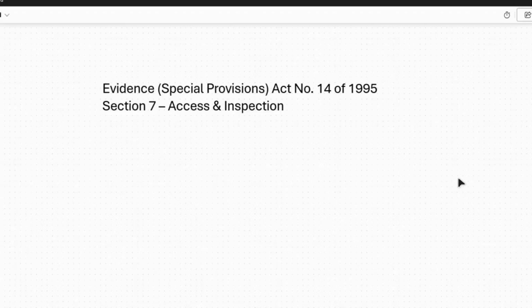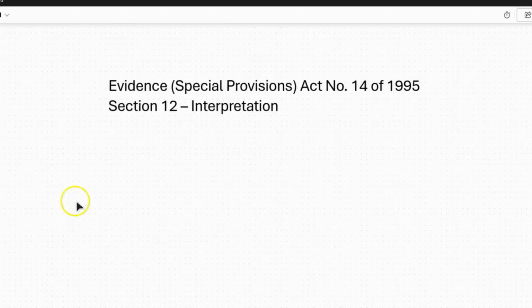The court may accept the CCTV footage as evidence. Example 2. A company refuses to let the employee's lawyer inspect the CCTV footage or the computer where it is stored. The court may reject the CCTV evidence.